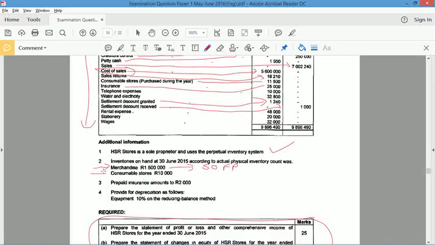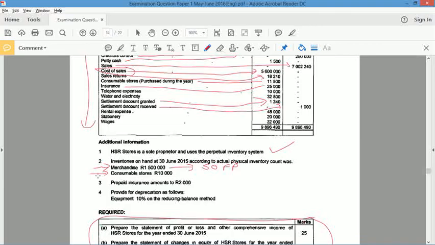Consumable stores. If you look at the notes we covered in terms of theory, we spoke about inventory expense adjustments, where you have expenses that you haven't fully utilized. Consumable stores are things we've purchased during the year, which is seen as an expense. But because I haven't used all of it, what is left is seen as an asset because it hasn't been used.